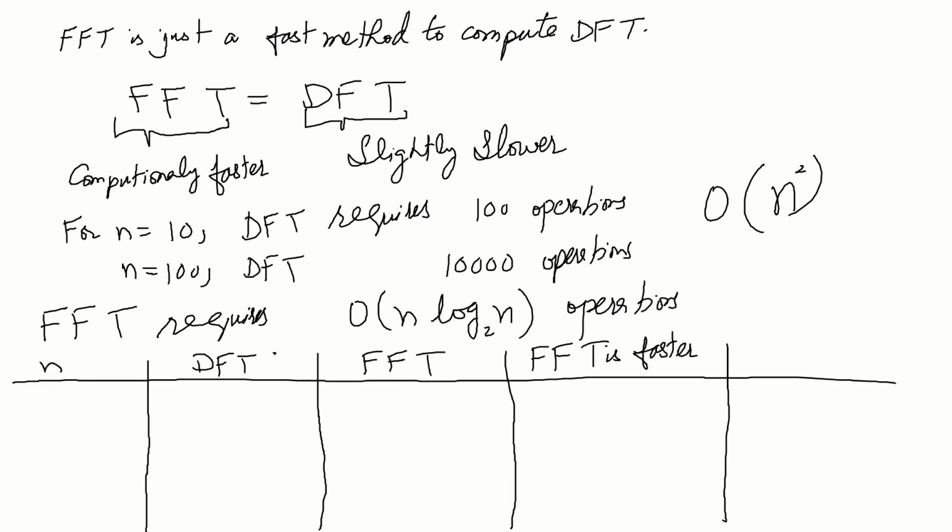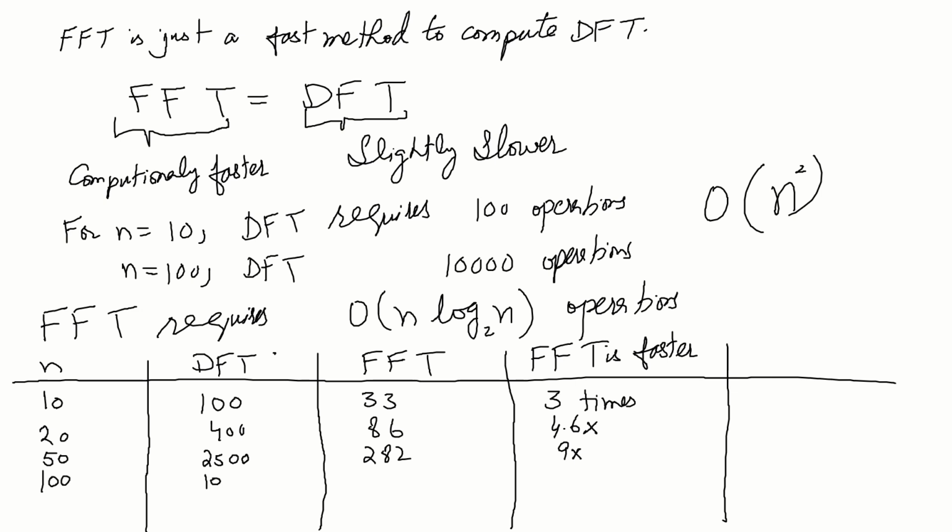For n equal 10, DFT requires 100 operations and FFT requires 33 operations. So FFT is 3 times faster. For n equal 20, FFT is 4.6 times faster. For n equal 50, 9 times faster. And for n equal 100, FFT is 15 times faster.